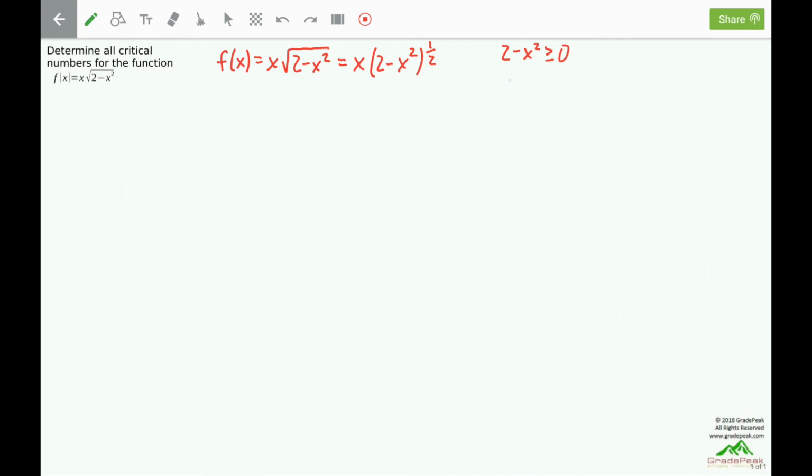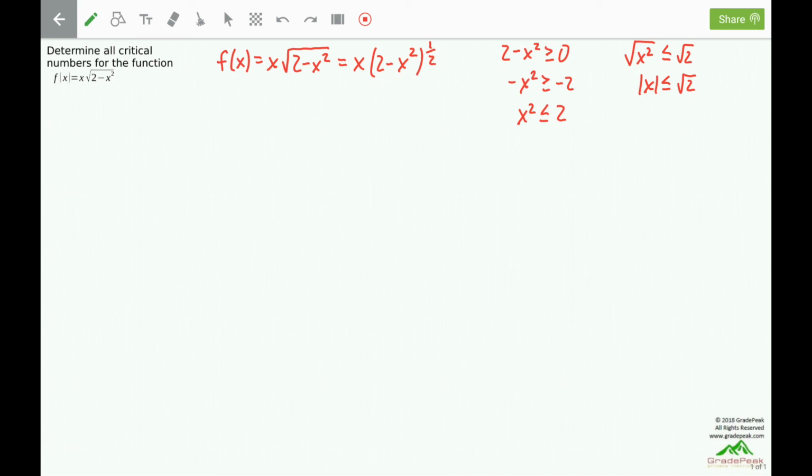We can subtract 2 from both sides. So negative x squared has to stay greater than or equal to negative 2. We can divide both sides by a negative 1, which will flip the inequality. So x squared is less than or equal to 2. We can take the square root of both sides. The square root of x squared is the absolute value of x.